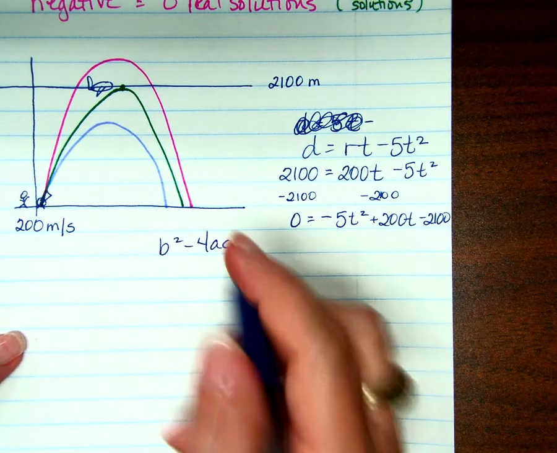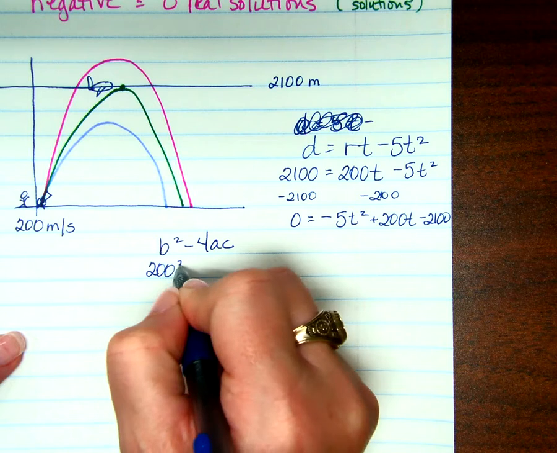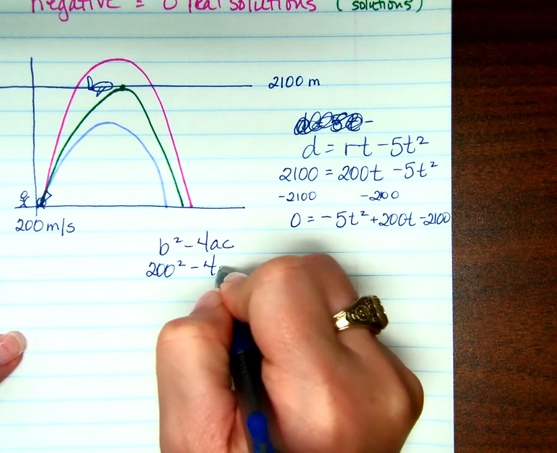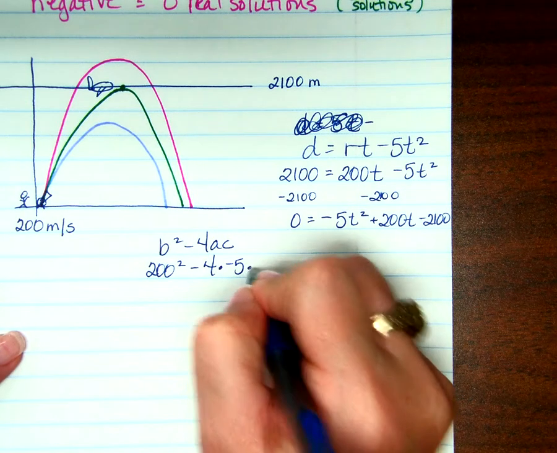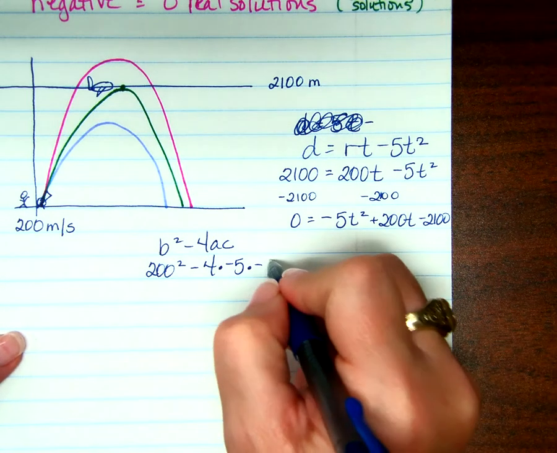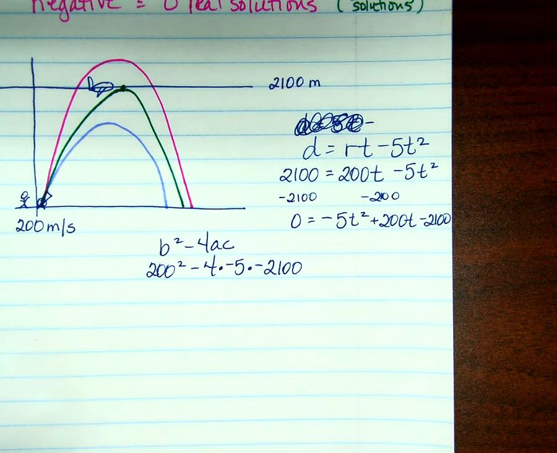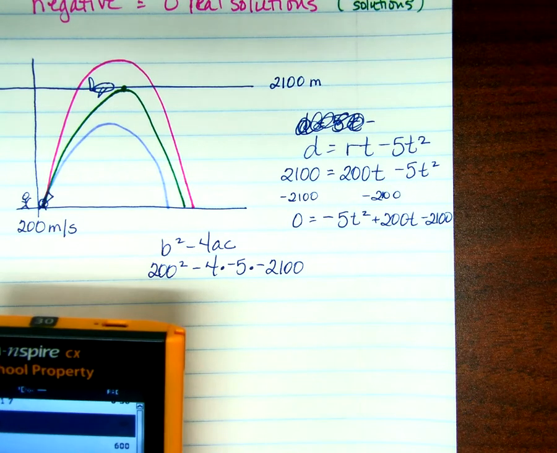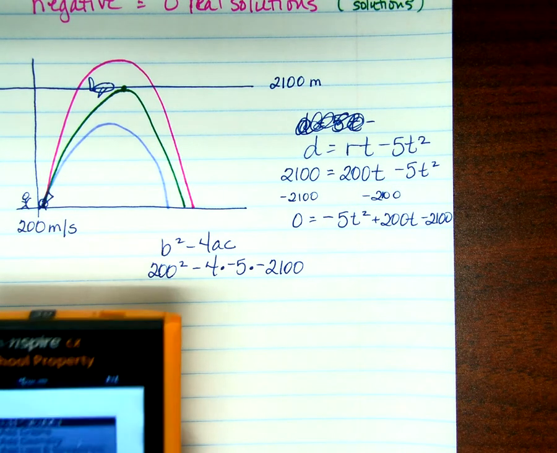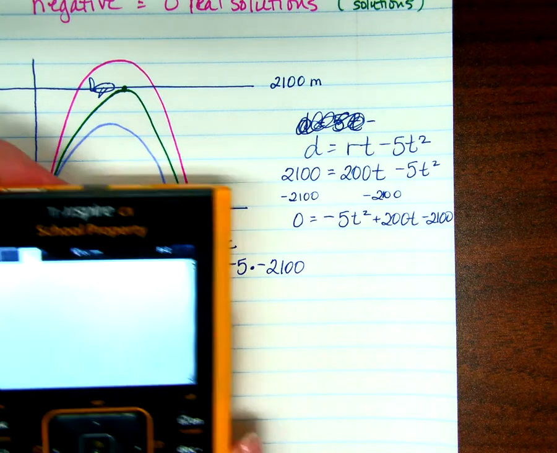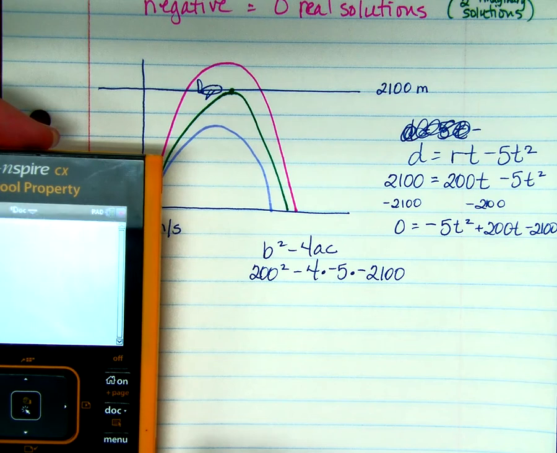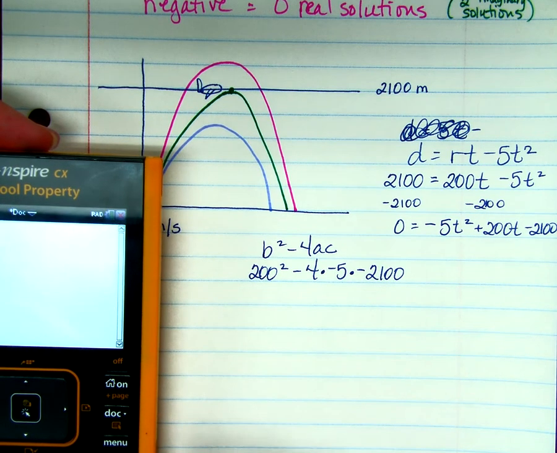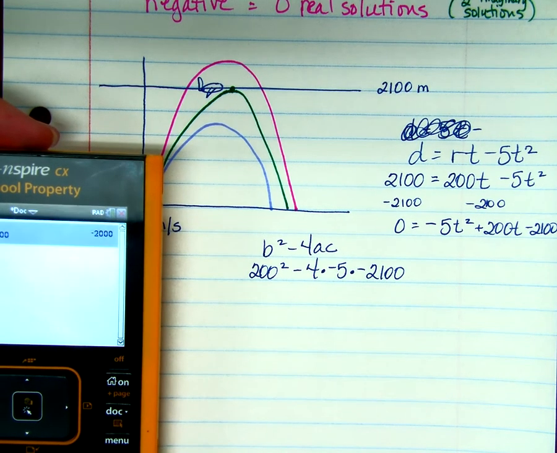So in this particular problem, b is 200, right? What's a? Negative 5. And what's c? Negative 2100. So I could take the time at this point to do this all by hand, or I could just use my calculator, right? 200 squared minus 4 times negative 5 times negative 2100.